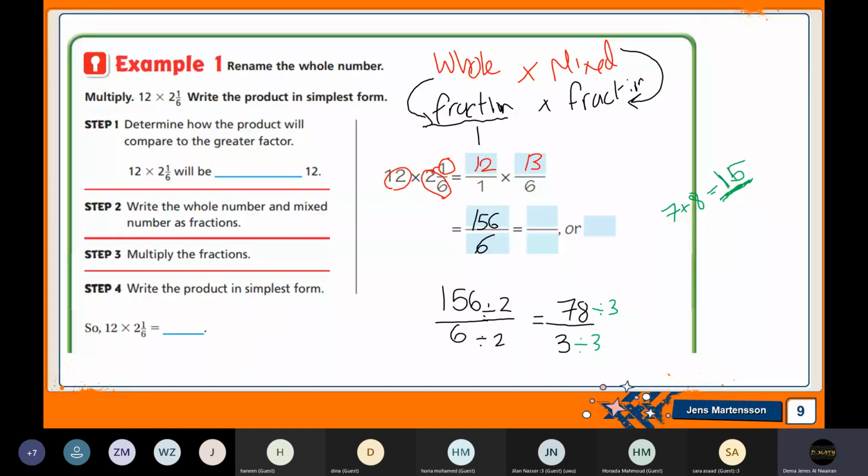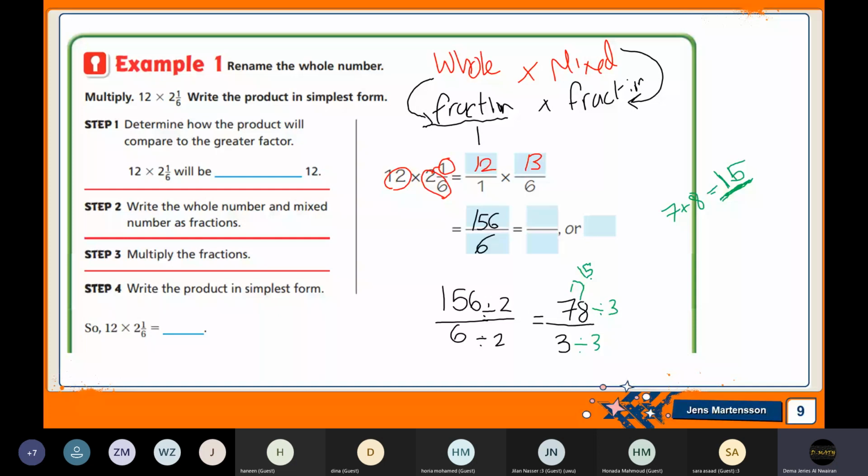When you add the two digits together and you get 15, and 15 is a multiple of 3, that means 78 is a multiple of 3. So that means we can divide 78 by 3.